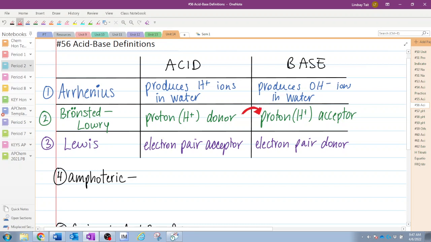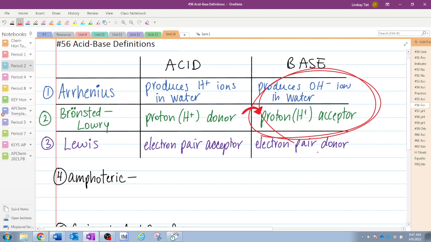And we're actually going to label this in equations showing the proton transfer of the hydrogen ion from the acid to the base. So, guys, this doesn't change a whole lot for the acids, because if Arrhenius says you got to make an H plus in water and Bronsted-Lowry says you got to donate an H plus, guess what? Every acid is still going to have hydrogen in its formula. It's still going to start with H. But where the big shift comes, guys, over here.